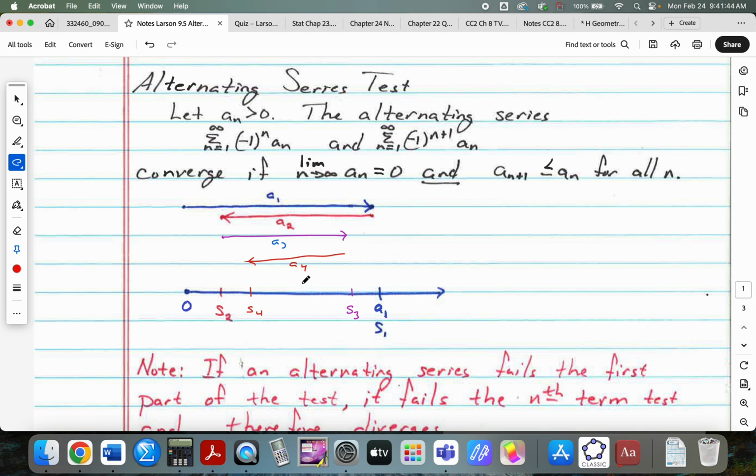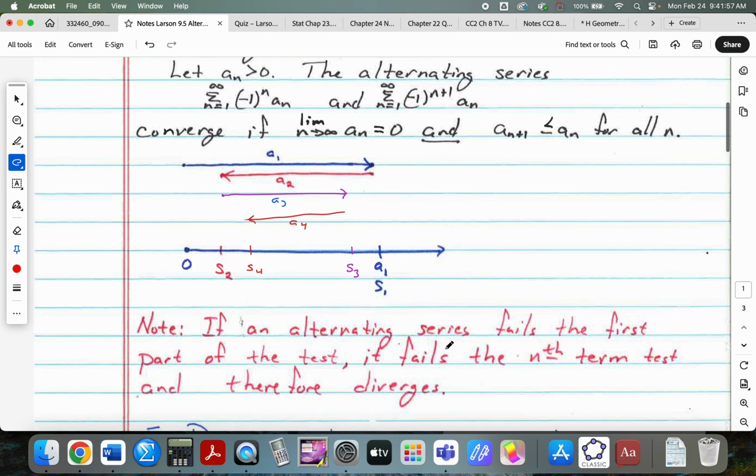And each time we add on another term, we make that little window that the sum can exist in smaller each time, right? So this is just the note that if this first part doesn't happen, it fails the nth term test for divergence and it diverges.